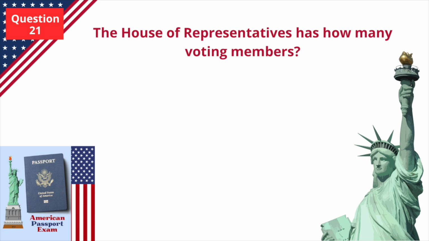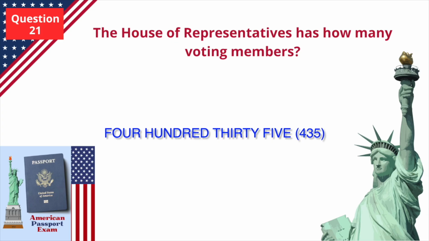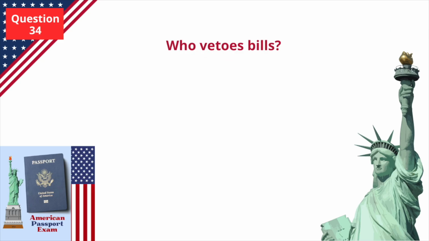The House of Representatives has how many voting members? 435. Who vetoes bills? The President.